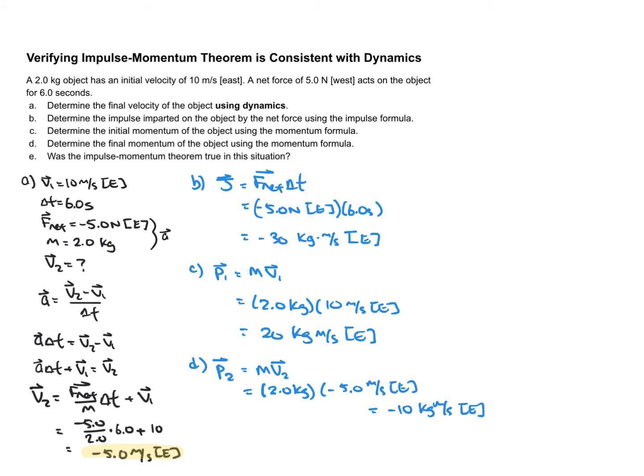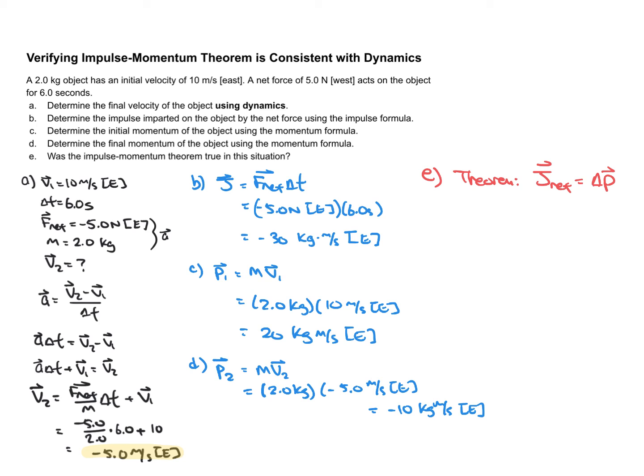Okay, so part E is what they want us to verify something. They want us to verify that the impulse momentum theorem is true. The impulse momentum theorem claims that the net impulse on an object will equal the object's change of momentum.